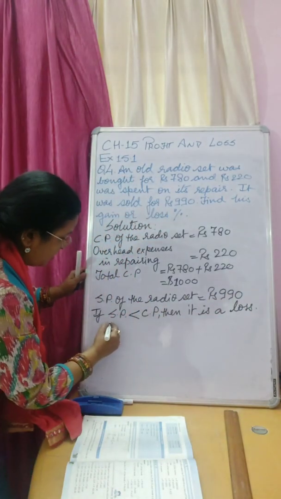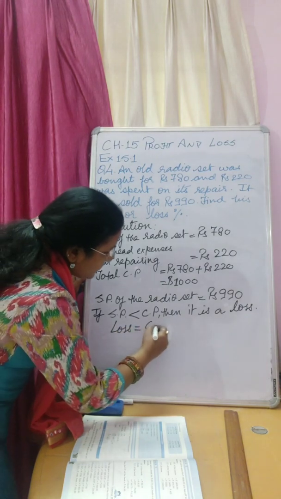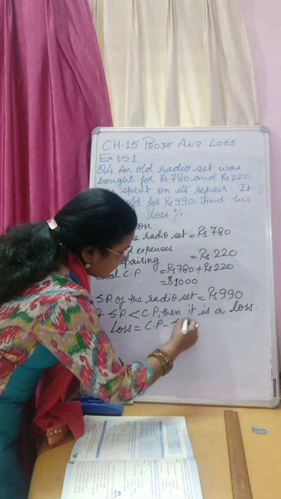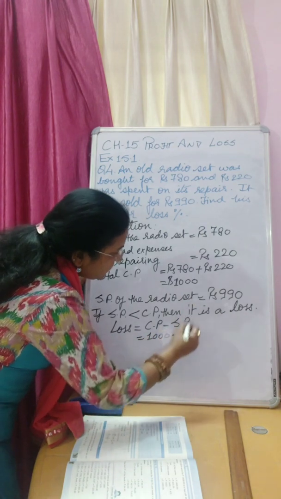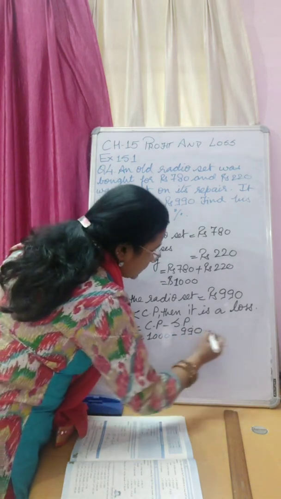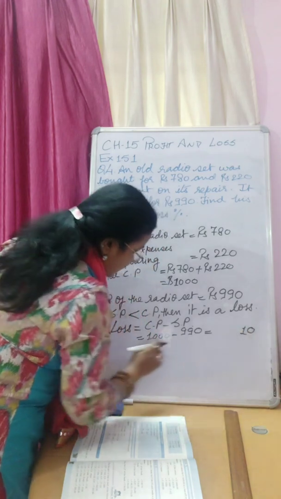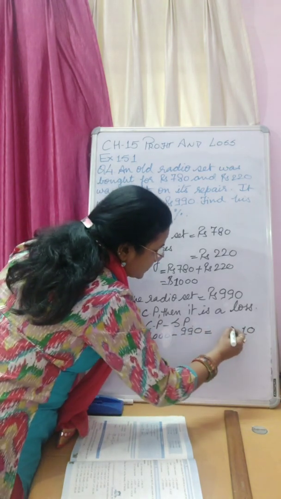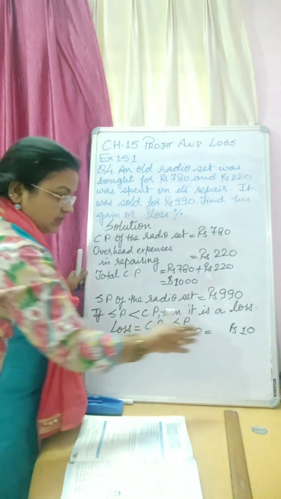Now we'll find out loss. We know that formula of loss is equals to CP minus SP. So what is CP? 1000 minus SP, what it is? 990. So that becomes 0, 10 minus 9, 1, 9 minus 9, 0. So this is rupees 10 is the loss. This is loss.